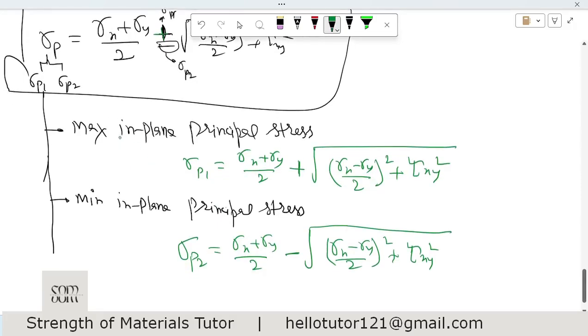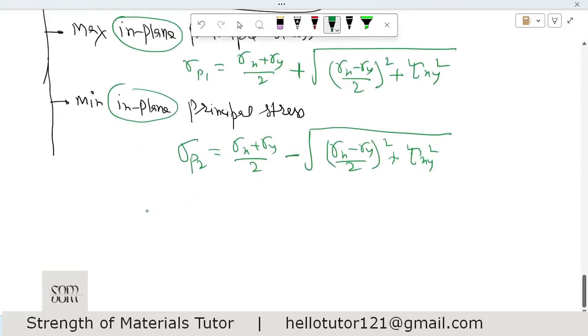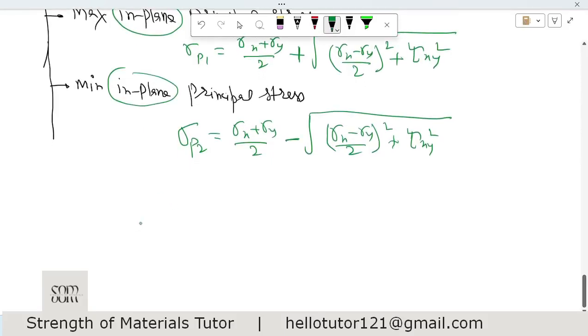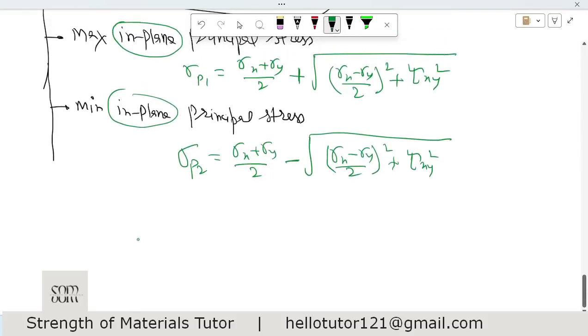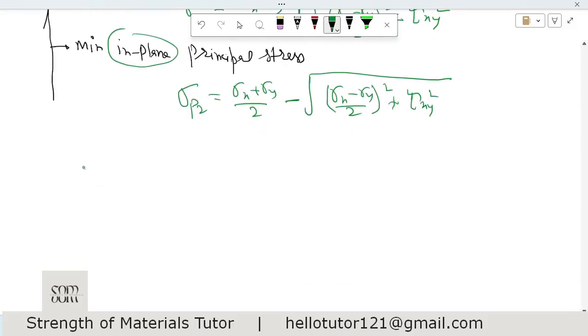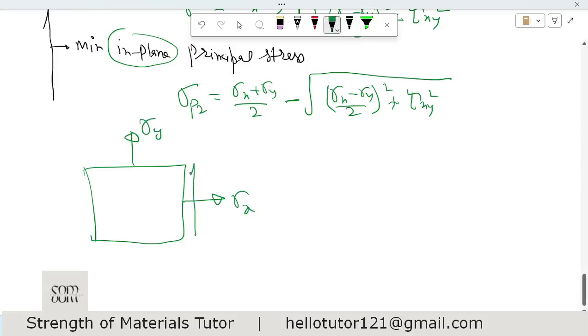Now I told you earlier I will tell you why I write in plane. Why do I write it in plane? Because we are rotating the inclined plane within the same plane, and these principal stresses lie in the same plane. For example, if we have a body with a stress like this and stress like this, and we also have a shear stress like this, then this sigma y, tau xy and sigma x, they are in what plane?